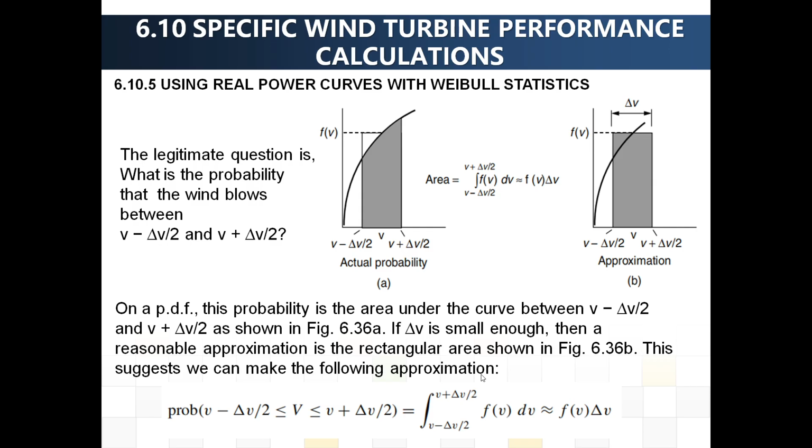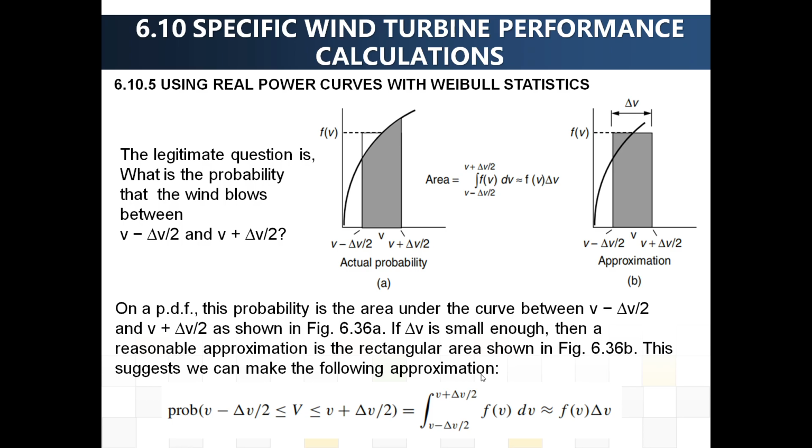Section 6.10.5, using real power curves with Weibull statistics. A legitimate question is, what is the probability that wind blows between V minus delta V divided by 2 and V plus delta V divided by 2 on a probability density function?